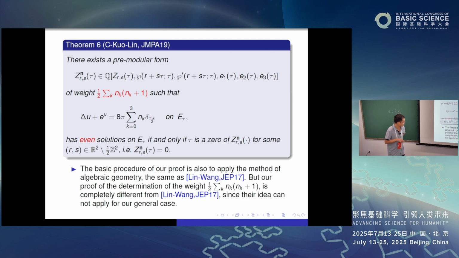The basic procedure of our proof is also to apply the method of algebraic geometry. But the main novelty of the proof is how to determine the weight of this pre-modular form. The method cannot deal with the four singular source case, and we use another method to determine this number.